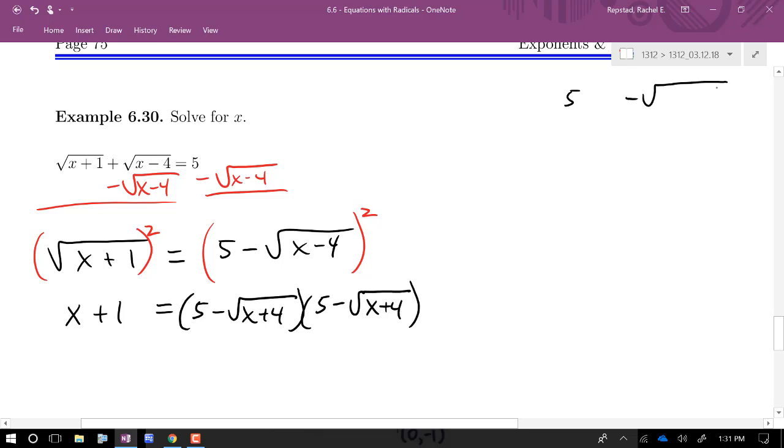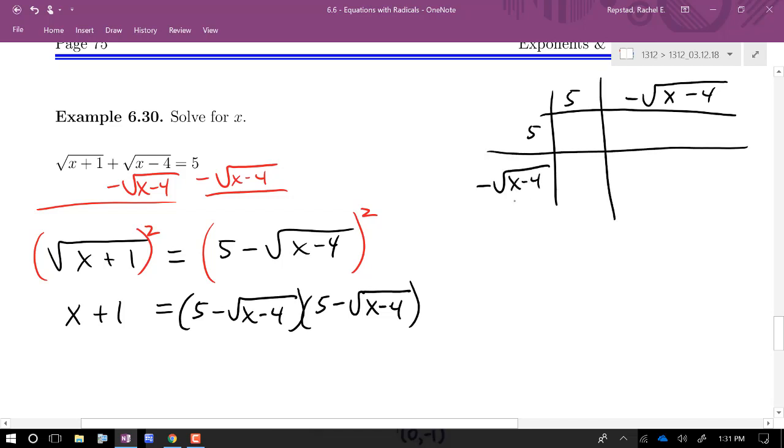It's also minus 4. Oh, gosh. Thank you. So, let's see, 25, and then minus 5 times the radical, minus 5 times the radical, and then plus x minus 4, right?